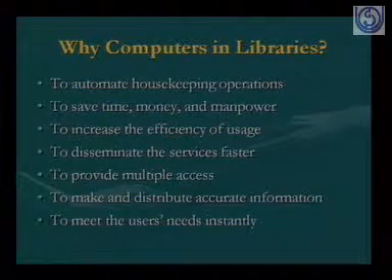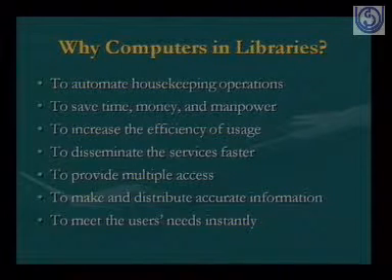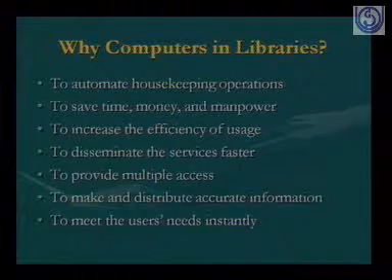One is to automate housekeeping operations. What are housekeeping operations? If you see here, acquisition control, cataloging system, circulation, OPAC, and serials control. These are the housekeeping operations of a library, which are usually done in libraries.